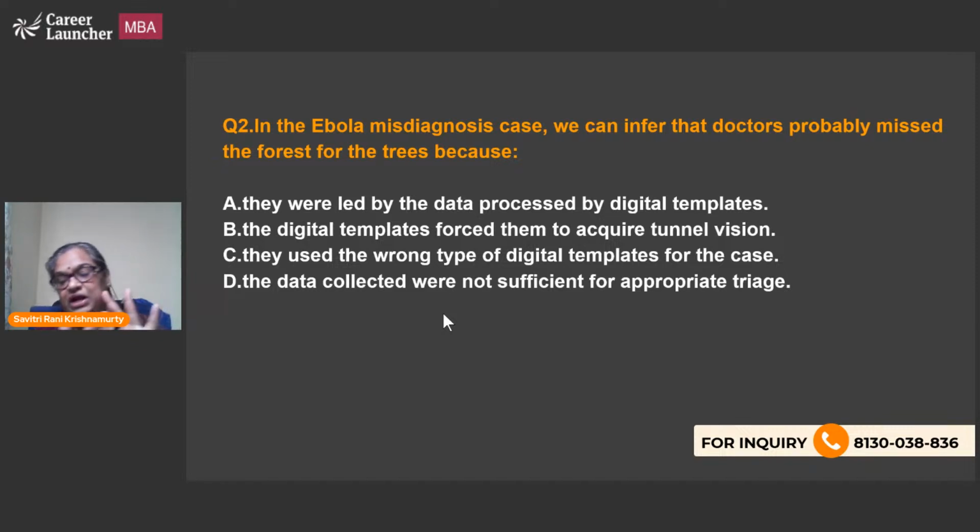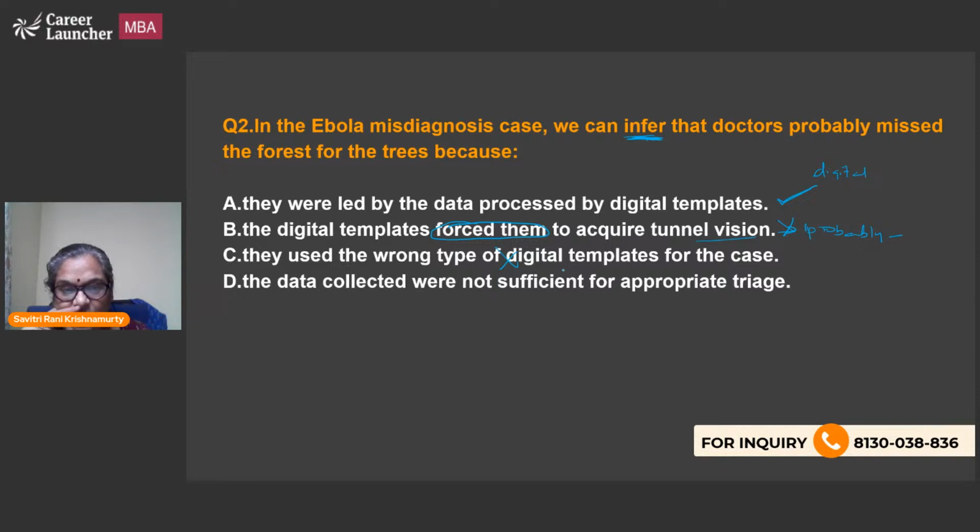Okay, now whenever you look at an answer, we can infer whatever is correct, right? Inference is something that is definitely true based on what is given in the passage. They were led by the data processed by digital templates. They used digital templates instead of looking at the bigger picture, and because they used digital templates, they probably developed a tunnel vision, very narrow in diagnosis.